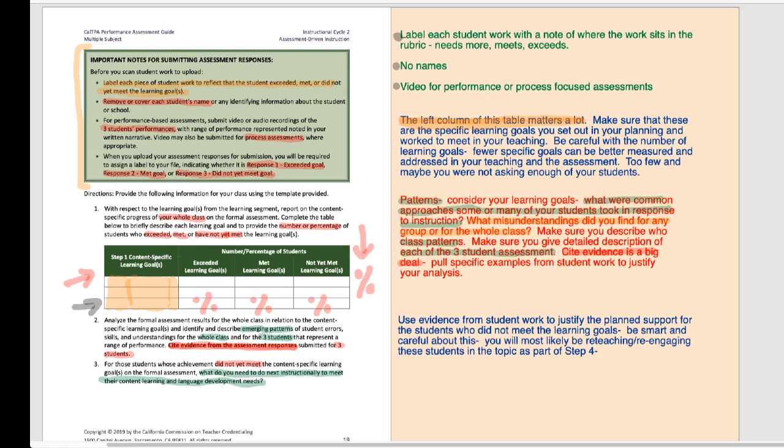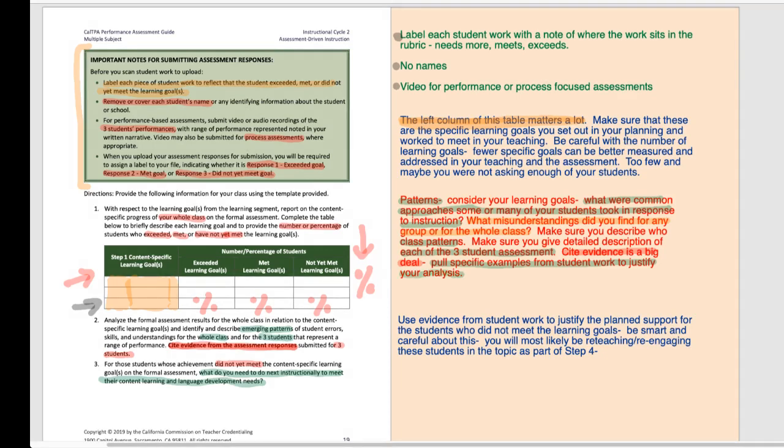So you want to be referencing, and this is the big point, 2 things: the student work itself with samples, and your assessment results. Okay, so those 2 things are the evidence that you want to be using. All right? And as I say here, pull specific examples from student work to justify your analysis. Okay?